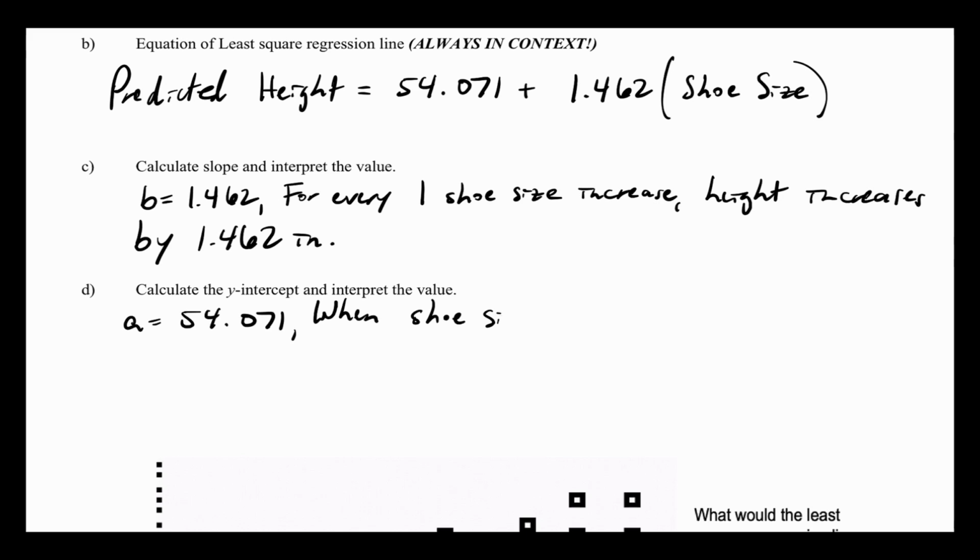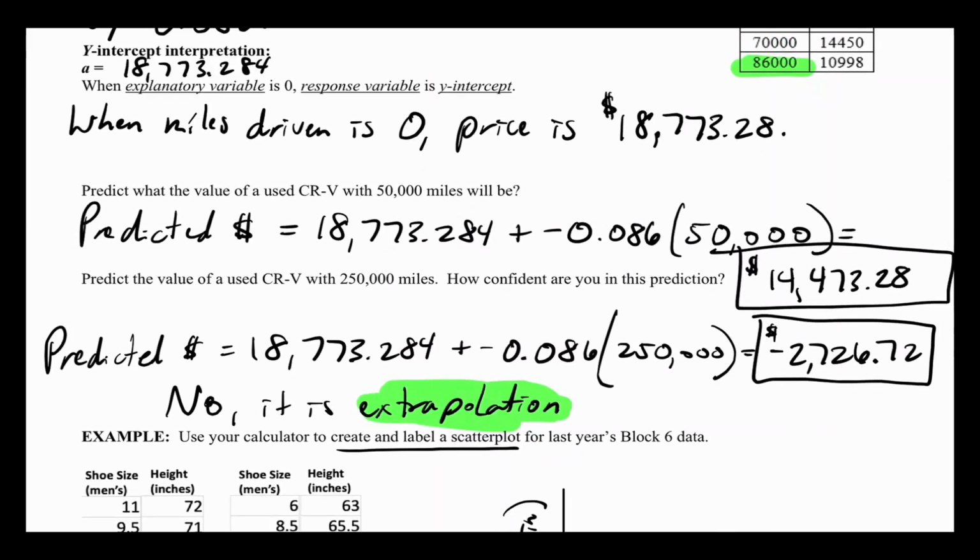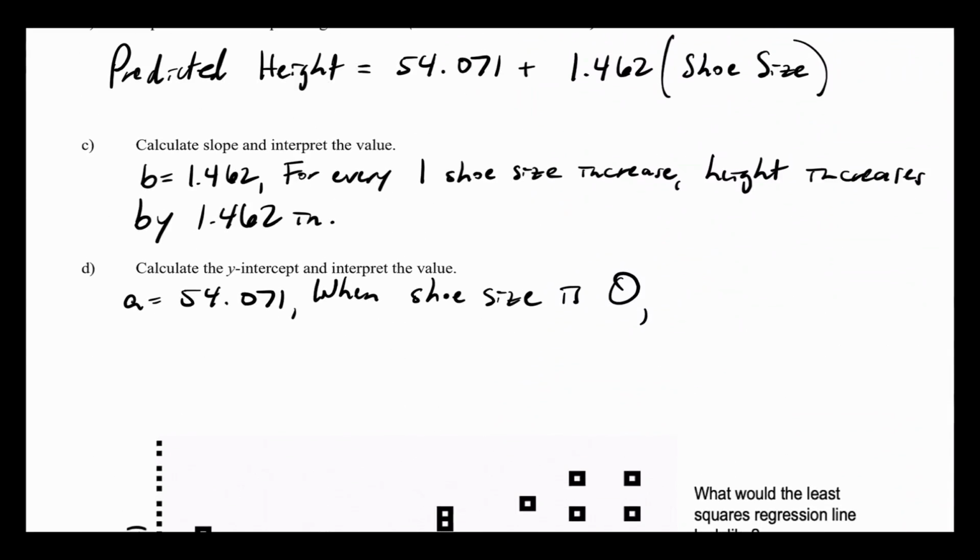When shoe size is 0, response variable, height, is 54.071 inches. When you have a shoe size of 0 in men's, you're going to be 54.071.